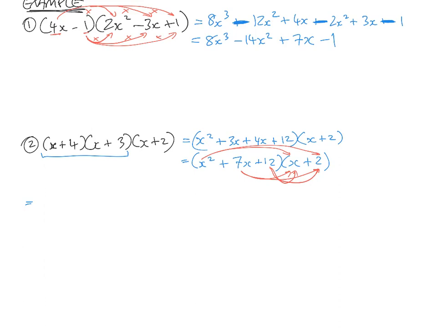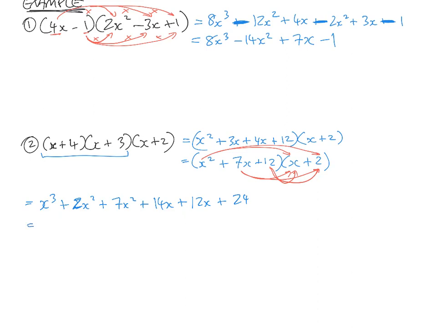X squared times by x is x cubed, plus x squared times by 2 is 2x squared, plus 7x times by x is 7x squared, plus 7x times by 2 is 14x, plus 12 times by x is 12x, plus 12 times by 2 is 24.